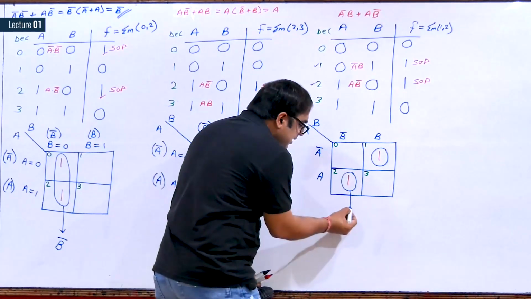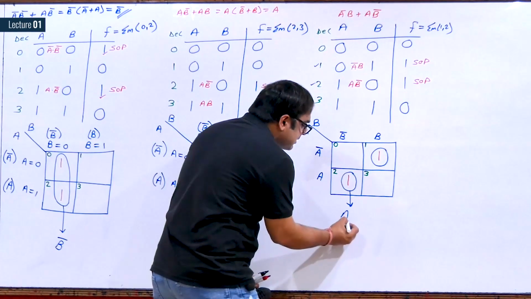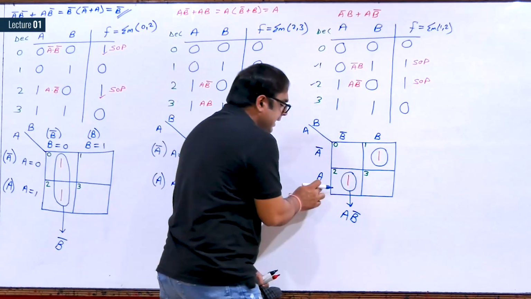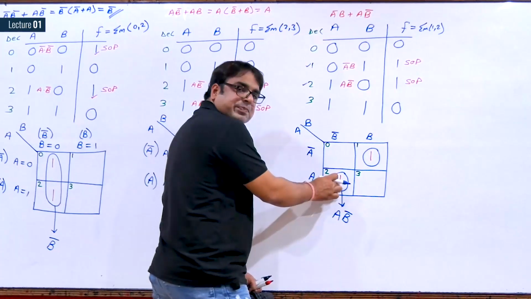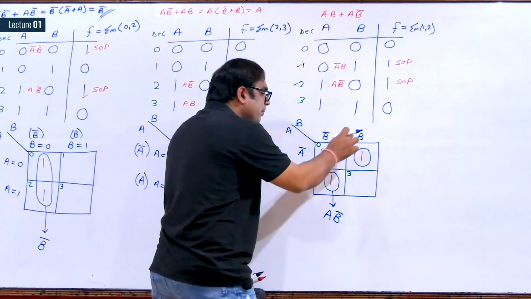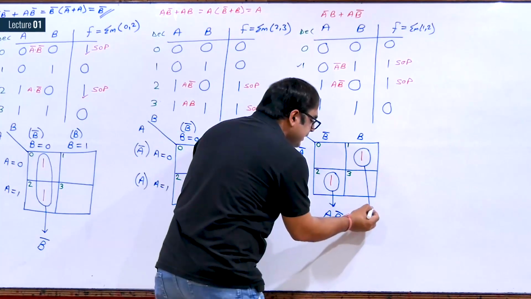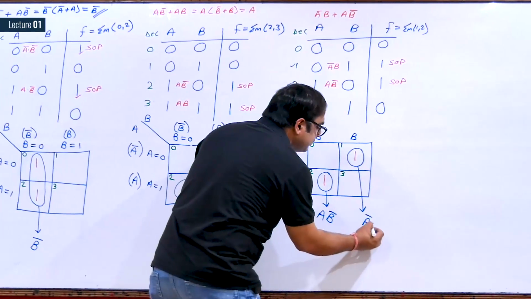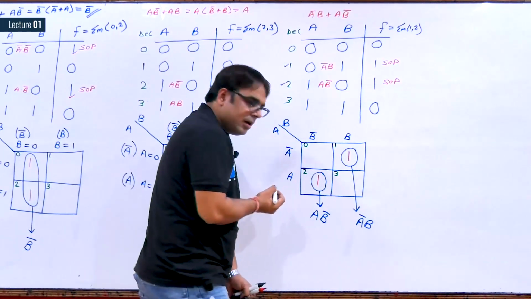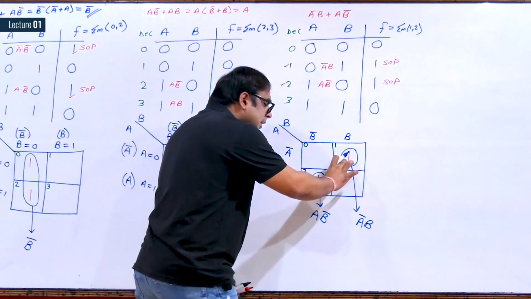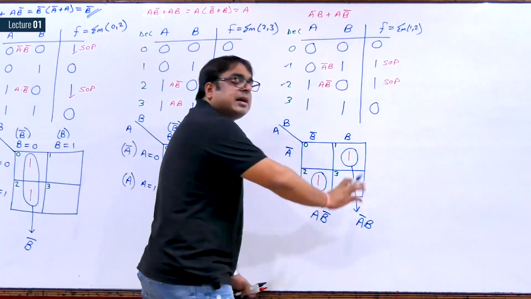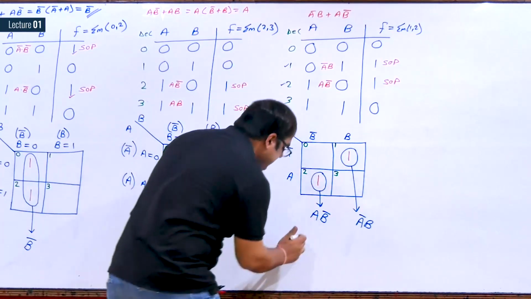Now this group is A dot B complement. And this one is A complement B. Both are required to write down the complete answer.